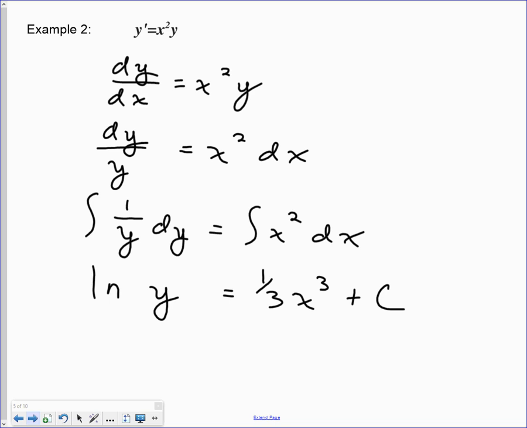Okay. Now, something I've been kind of lax on up until now, but I should have been a little bit more specific about, is what we really mean here is the absolute value of y. Okay? Because if y is less than 0, ln y doesn't exist.